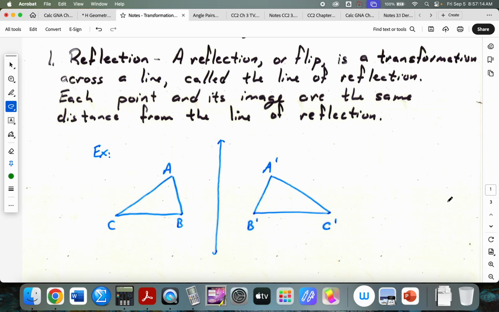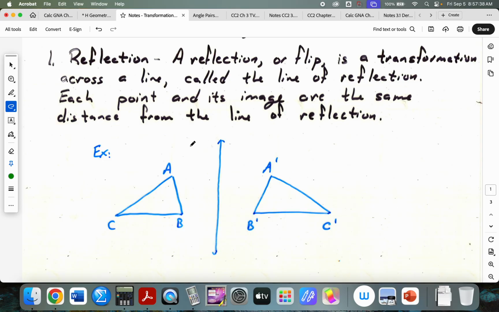That's not the mathematically correct term. It does explain it, but we'll use a reflection. So a reflection is a transformation across a line called the line of reflection. Each point and its image are the same distance from the line of reflection.